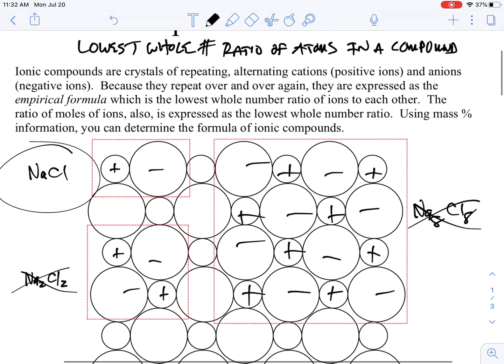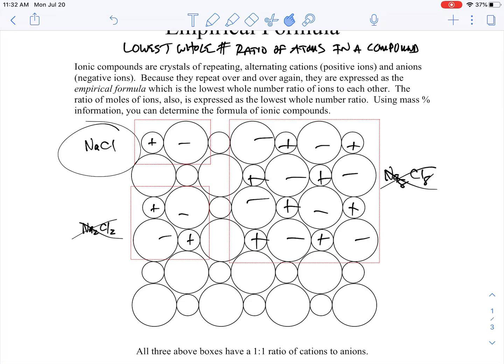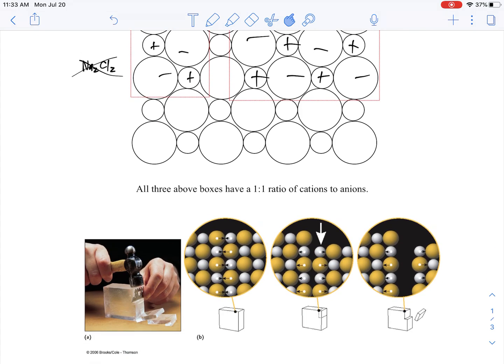So all you are doing is looking to see what the ratio is of them. And because of that, you can figure out what their percentages are, because they have a fixed formula, and you can know what the total is, and then you can know what the parts of those things are.